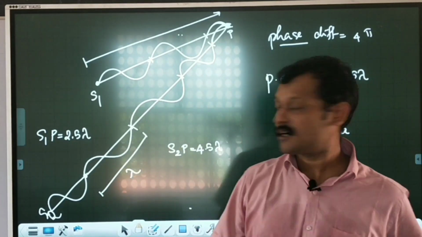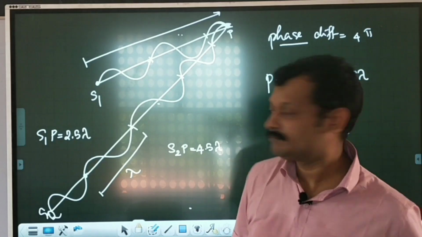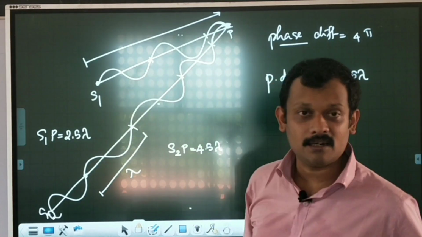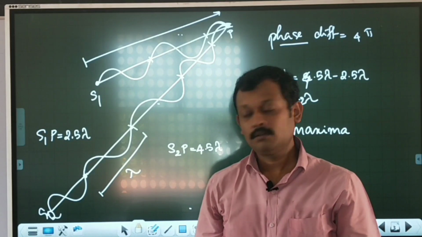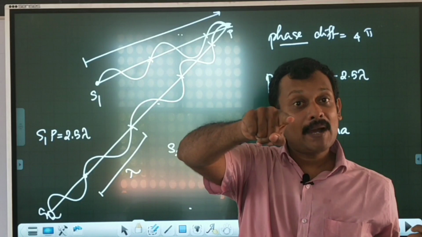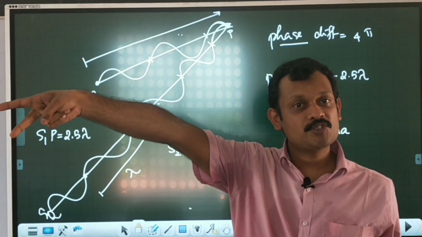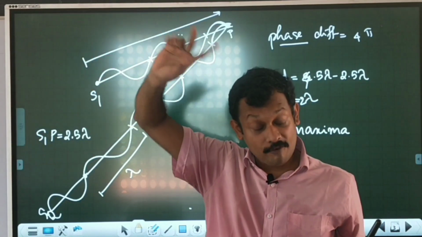2 waves means 2 cycles. 3 waves means 3 cycles. 4 waves means 4 cycles. 4.5 cycles. 1, 2, 2.5 cycles. Difference of 2 cycles. Path difference 2 lambda. Phase difference 4 pi. That means a path difference of lambda is equal to phase difference 2 pi. A path difference of 2 lambda is equal to phase difference 4 pi.